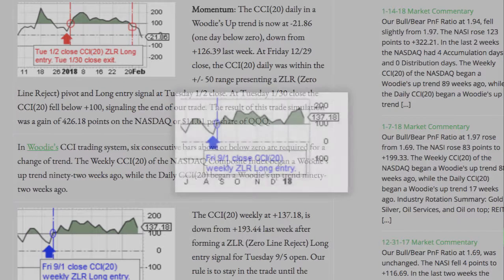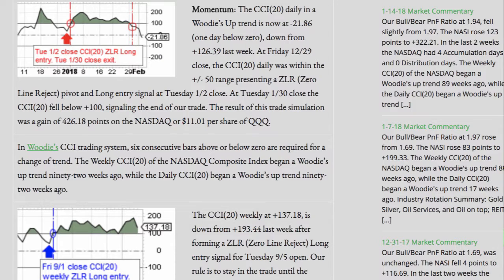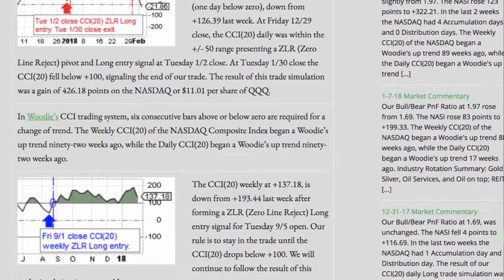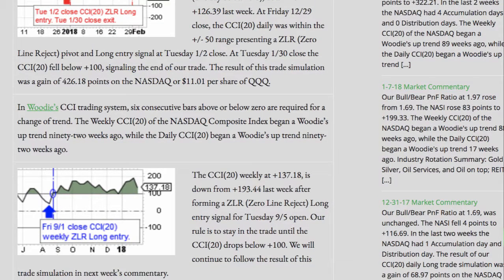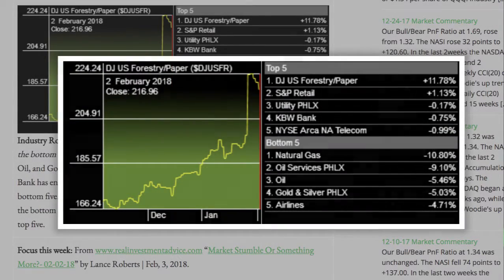The CCI 20 weekly at a positive 137.18 is down from a positive 193.44 last week, after forming a zero line reject long entry signal for Tuesday 9/5 open. Our rule is to stay in the trade until the CCI 20 drops below plus 100. We will continue to follow the result of this trade simulation in next week's commentary.